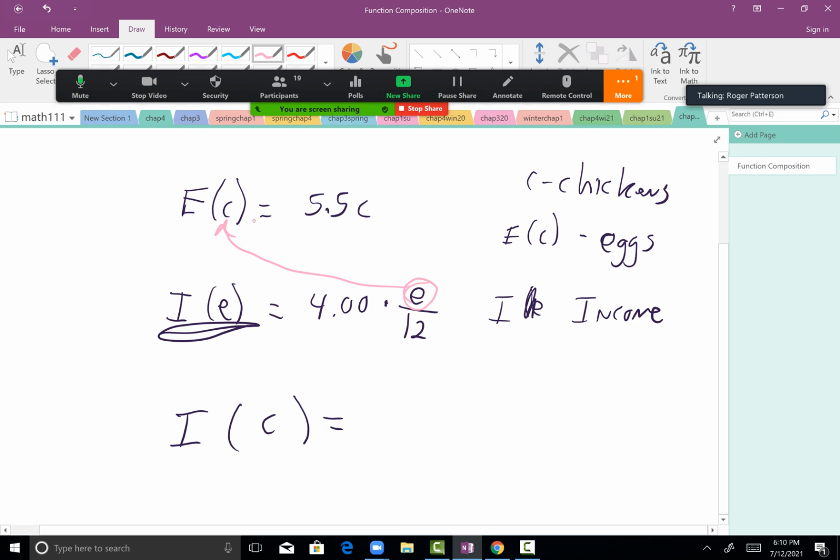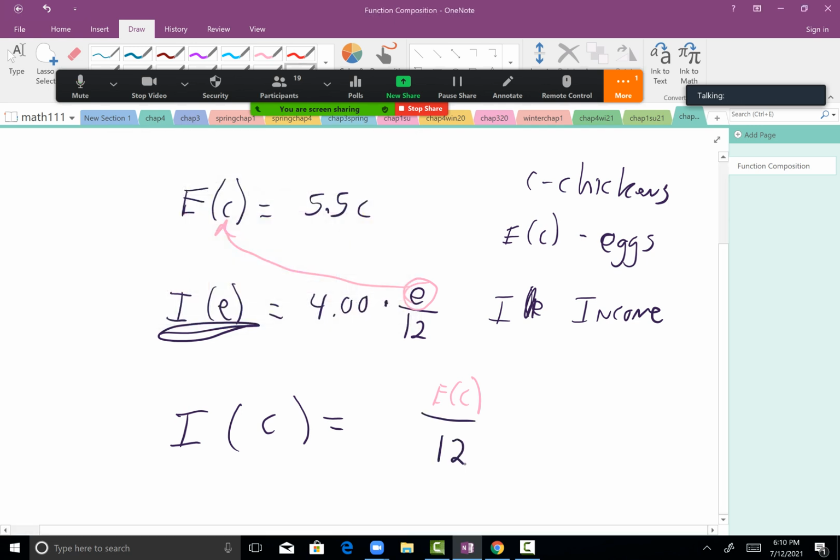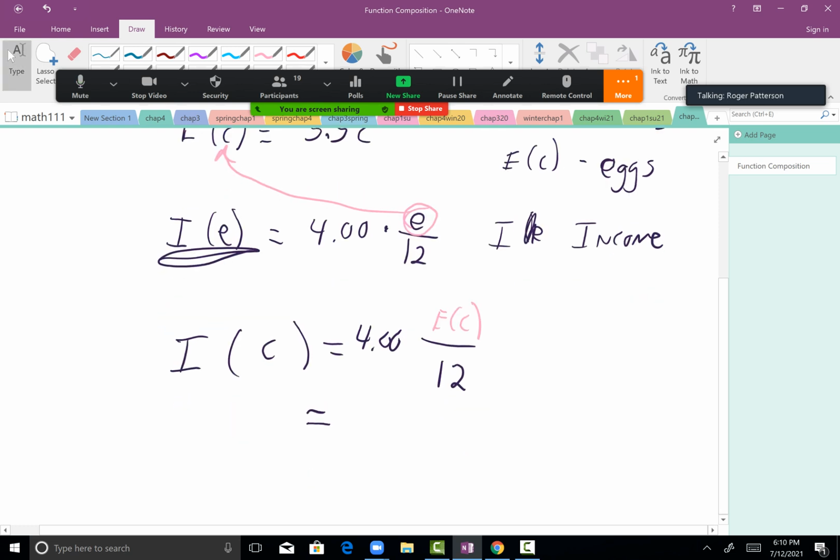I'm going to take that function, E of C, and write it like this, E of C, and then divide that by 12 and times that by 4, and there's my function. But E of C is really 5.5 C's over 12, and that's what I'm after.